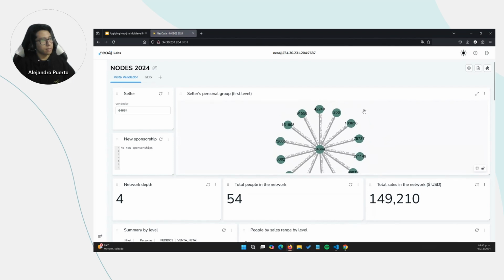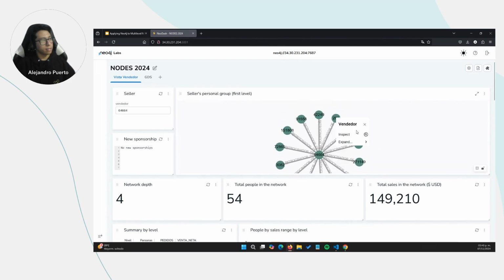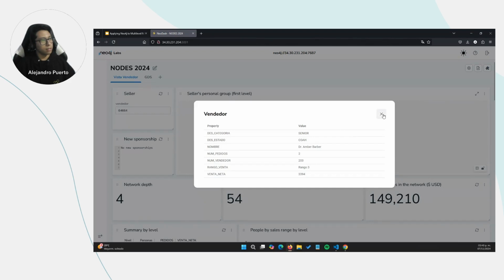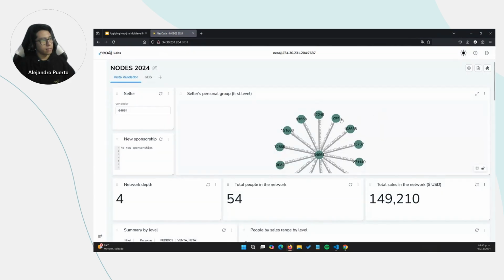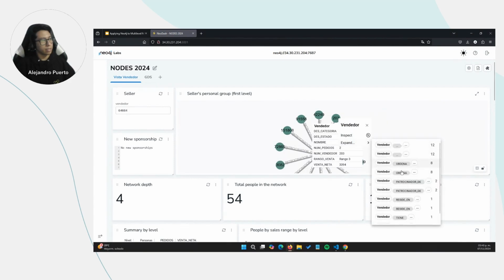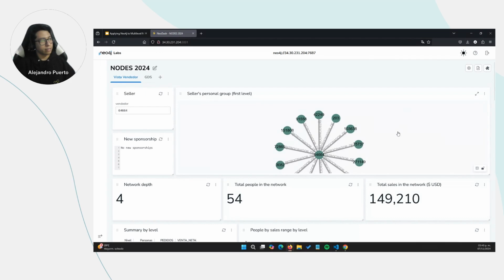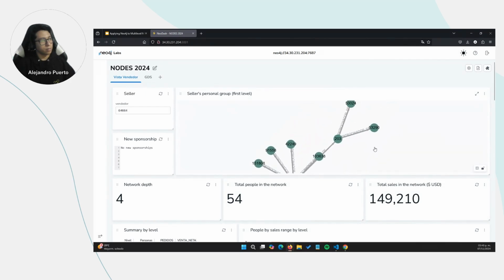Also, we can look at the data of the node, and we can expand their relationships to get to know what other paths or patterns there are in the data analysis process.